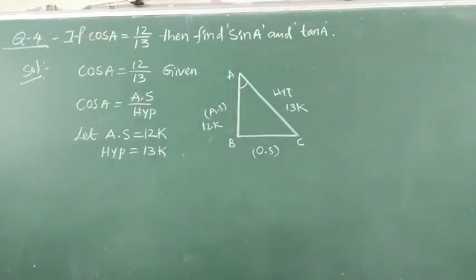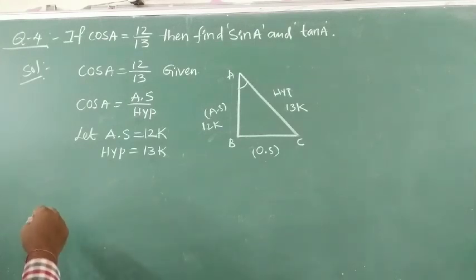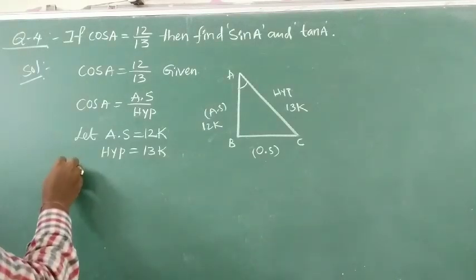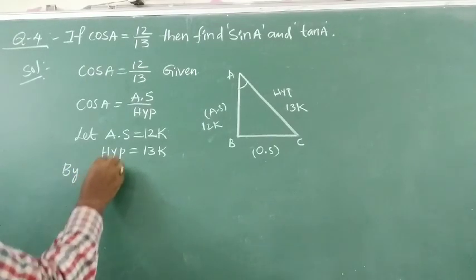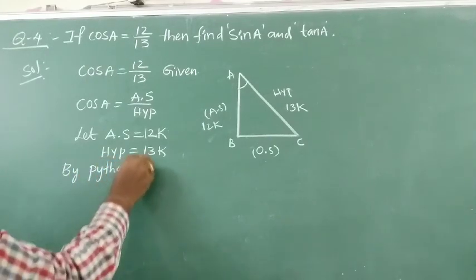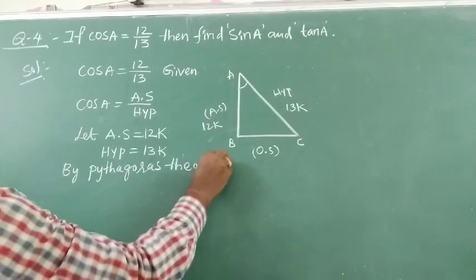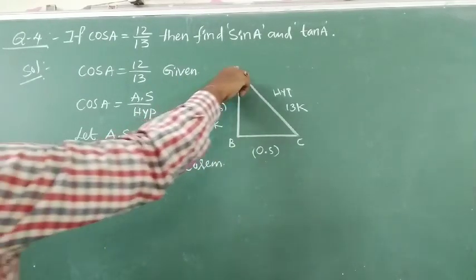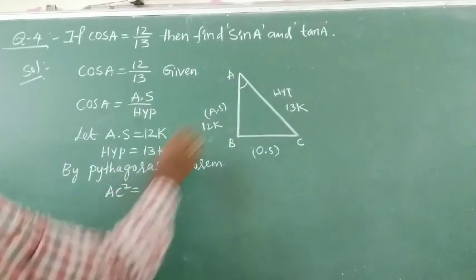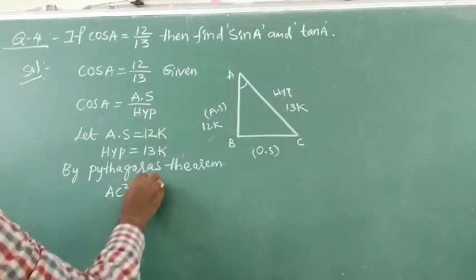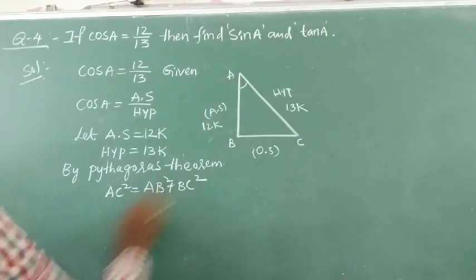So now let us first find BC length, the opposite side to angle A, by using Pythagoras theorem. The square of the hypotenuse AC square equals the sum of the squares of the remaining two sides, AB square plus BC square.